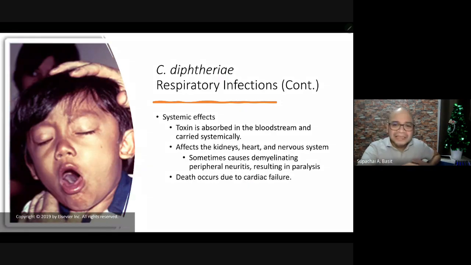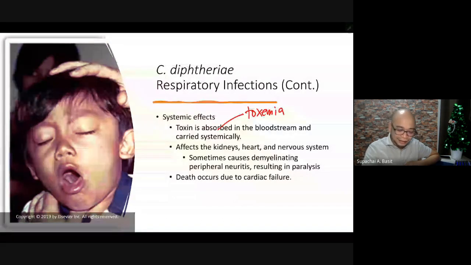Aside from the respiratory infection, the systemic effect is equally dangerous because sometimes the toxin is absorbed in the bloodstream and carried systemically. This condition is called toxemia. Toxemia has a drastic effect because it will affect our kidneys, heart, and nervous system. If the nervous system is affected, there would be demyelinating peripheral neuritis, which could possibly result in paralysis.